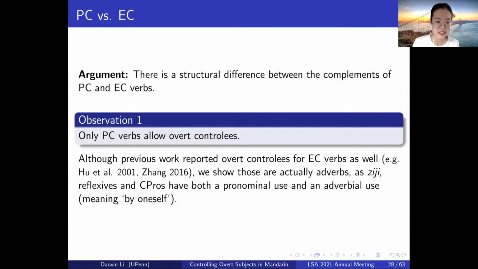The first observation supporting the argument is only partial control verbs allow overt control ease. And although previous work reported overt control ease for exhaustive control verbs as well, we will show that those are actually adverbs, since 自己, reflexives, and complemented pronouns have both a pronominal use and an adverbial use, meaning by oneself.